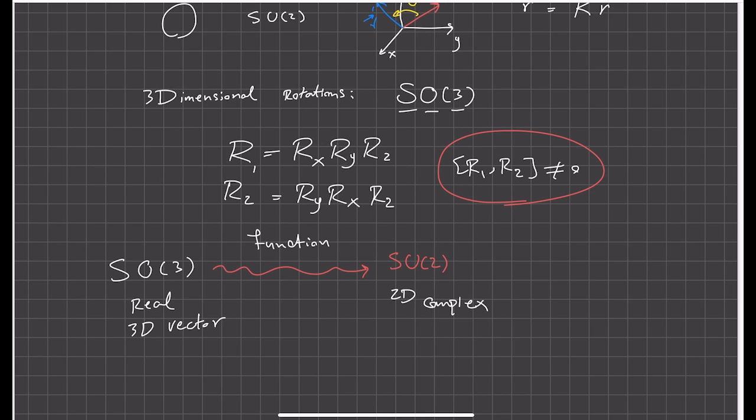So you might say each complex value is 2, so 2 times 2 is 4. But you also have to remember that the trace of these matrices, for example SU2 matrices, is 1. That is a constraint that reduces the dimensionality from 4 to 4 minus 1, which is 3. So we can simply show that for any SO3, there is an SU2 in a complex space. And this can be done in a spin representation.